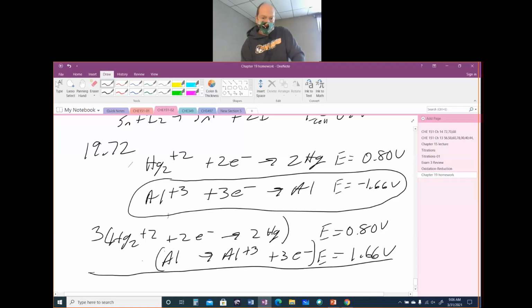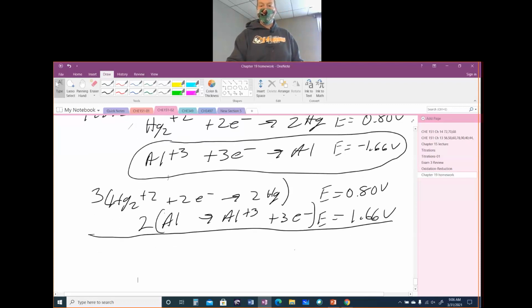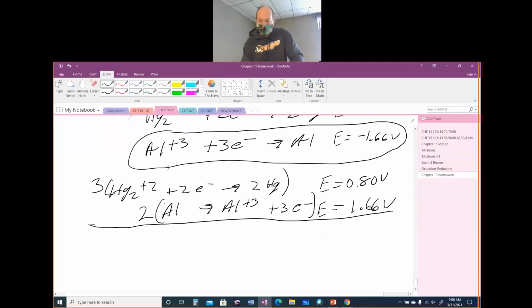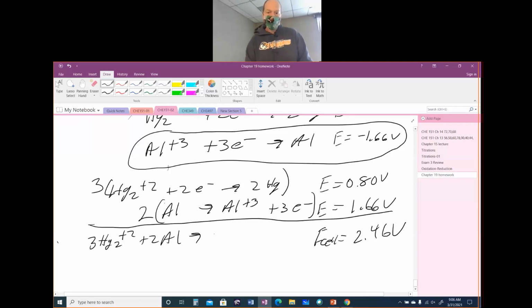We have to multiply the aluminum by 2 to get 6 electrons lost, and you have to know to not multiply your E values. So your E cell is 2.46 volts. And then the cell reaction is 3Hg2 plus 2 plus 2Al goes to 2Al plus 3 and 6Hg.